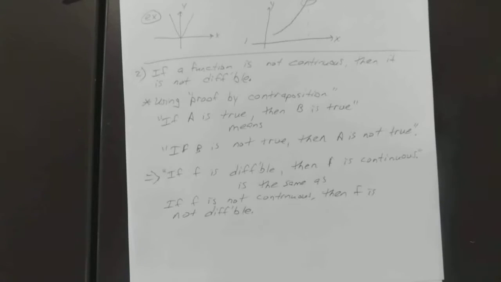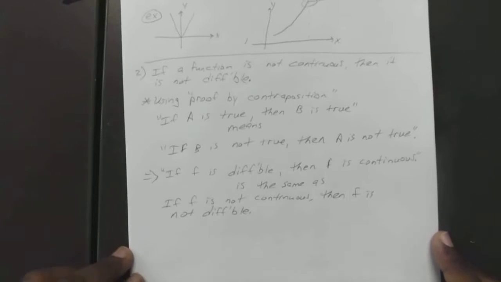Okay, so you have two different ones. You have either it's not continuous or it's a sharp corner.